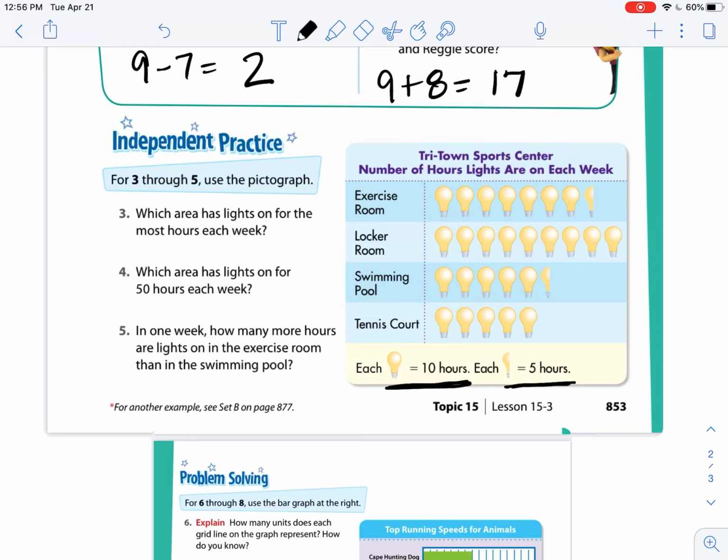One thing I like to do is I like to go ahead and just figure out what each one is, so I don't have to do that as I go along. So let's just count.